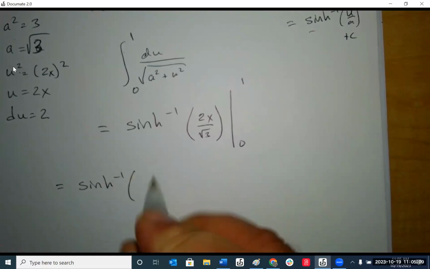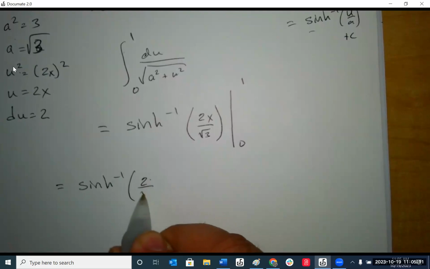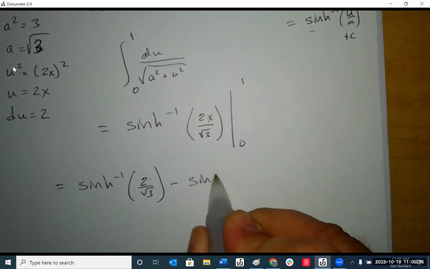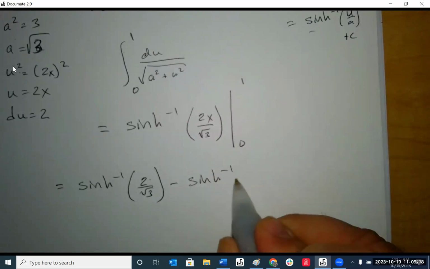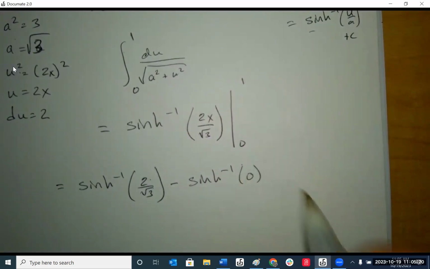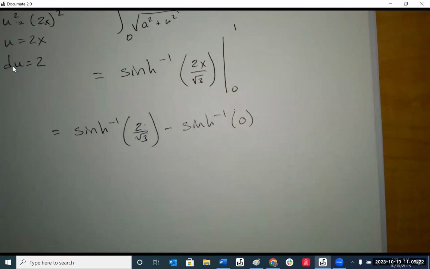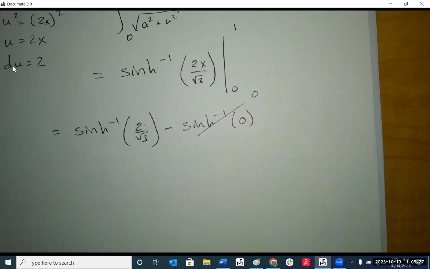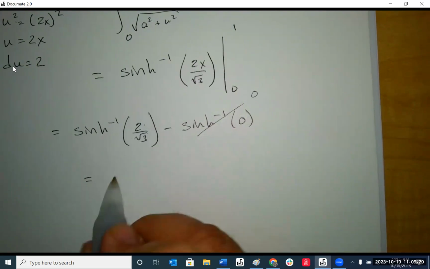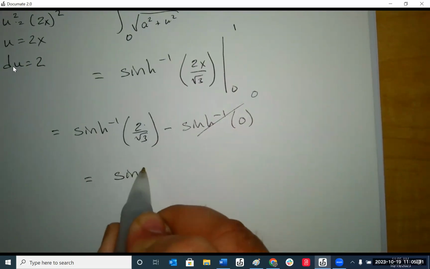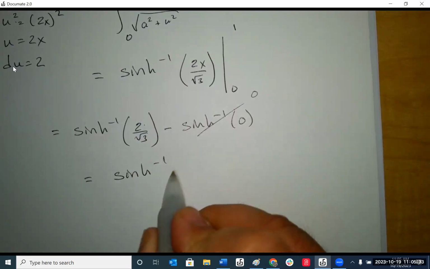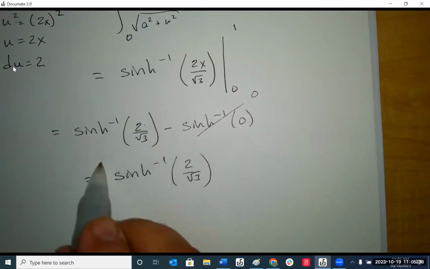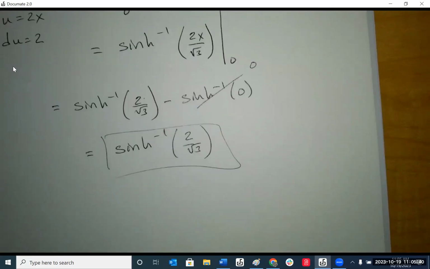That is inverse hyperbolic sine of 2 over radical 3 minus inverse hyperbolic sine of 0. Inverse hyperbolic sine of 0 is 0. So we're looking at inverse hyperbolic sine of 2 over radical 3, whatever that value is.